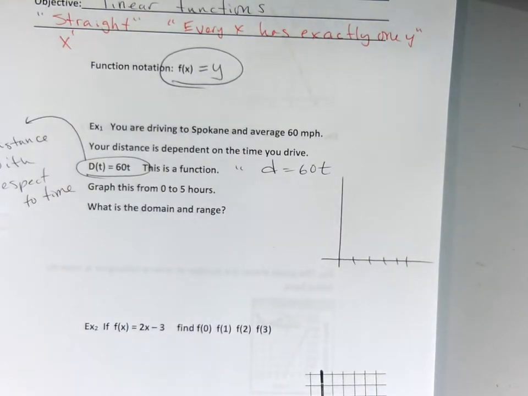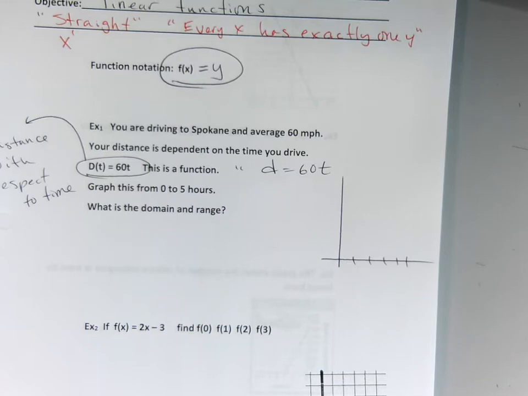So when I graph this, my independent variable, I get in the car, what do I get to do? I get to drive, right? I get to decide when I want to stop driving. I get to determine the time driving, right? The distance is dependent on how long I drive, correct? So your independent variable always goes here. Did you guys learn that in science? Control variable always goes here. It's all right. Hopefully it looks easy.